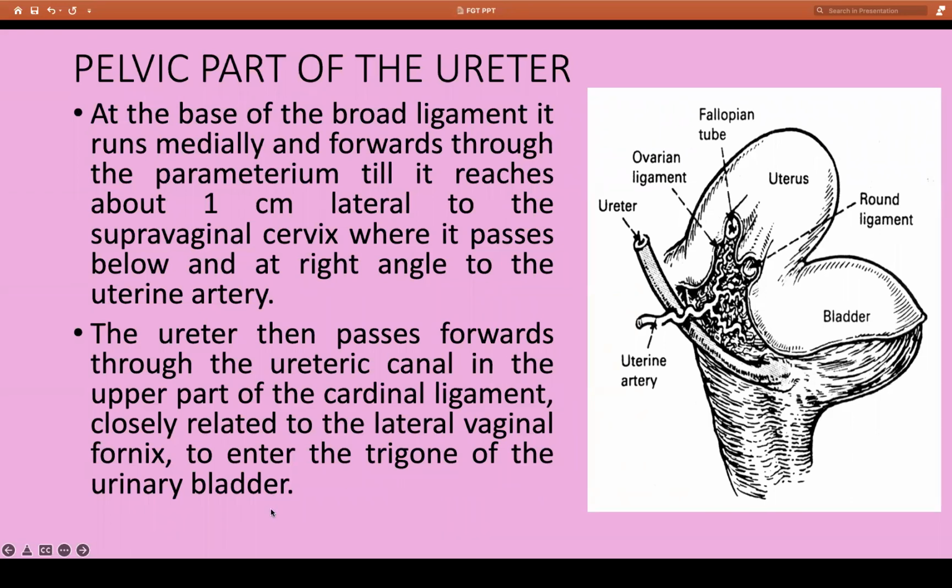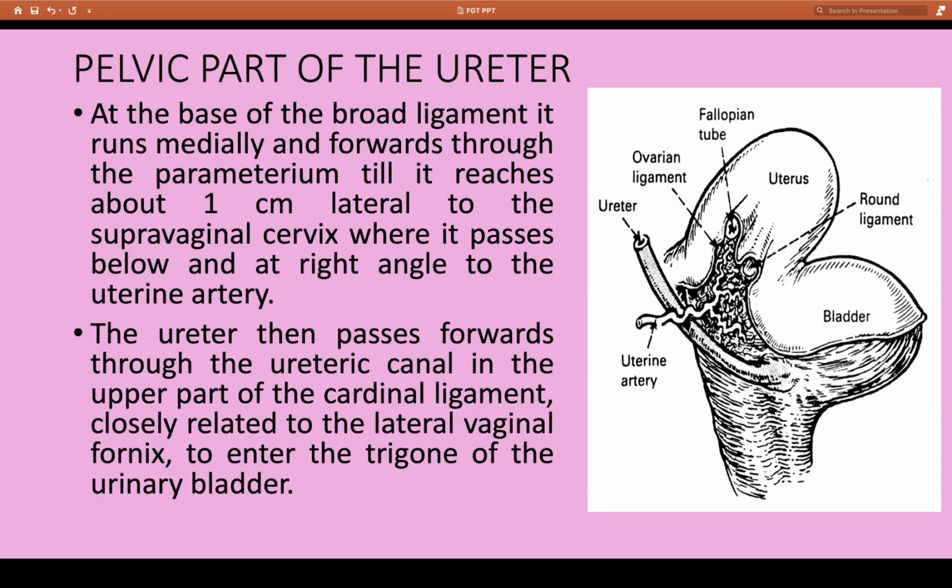Now, three places are very important when we are doing hysterectomy. One is near the infundibulopelvic ligament. Second, near the cervix, where we are clamping and cutting the transverse cervical ligament and especially the uterine vessels.